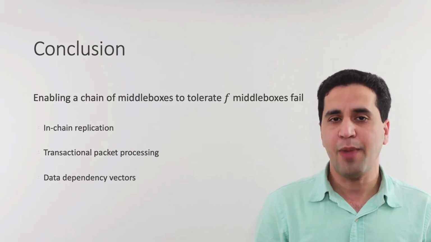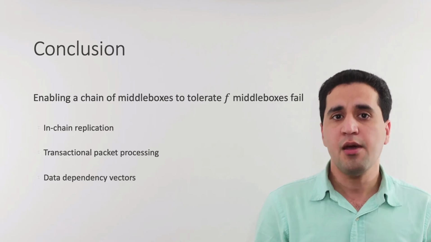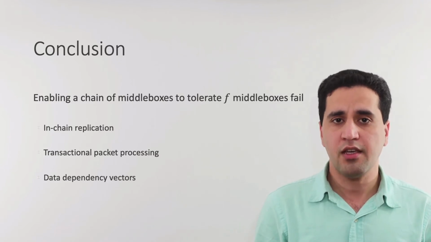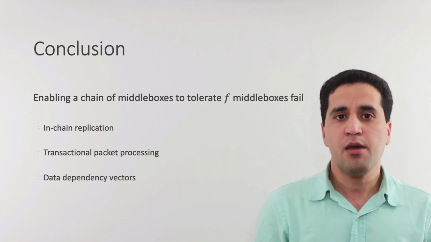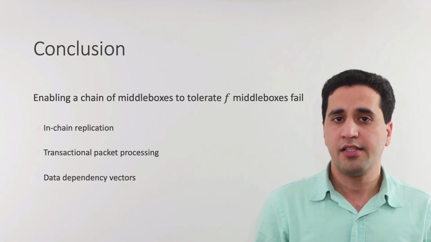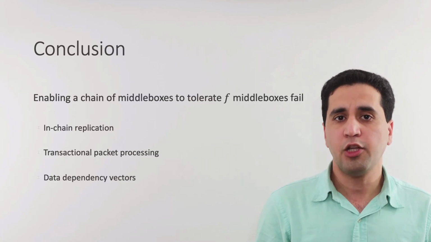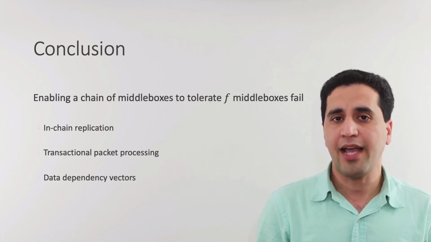Using transactional packet processing, FTC provides concurrent packet processing, and using data dependency vectors, FTC provides concurrent state replication. Please see how these mechanisms work in our paper, and for more benchmarks, including FTC improvement on packet latency.